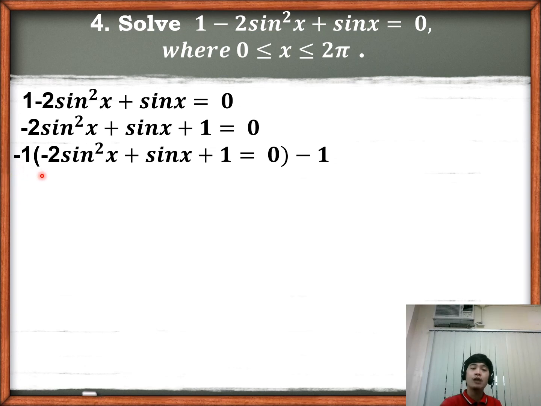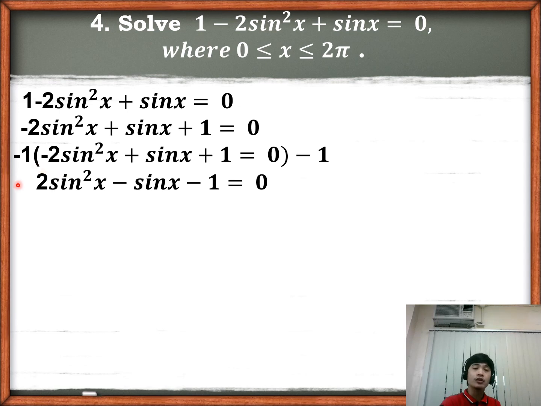Negative 1 times negative 2 sine squared x, negative 1 times sine x, negative 1 times 1, and negative 1 times 0. The result: 2 sine squared x minus sine x minus 1 equals 0.